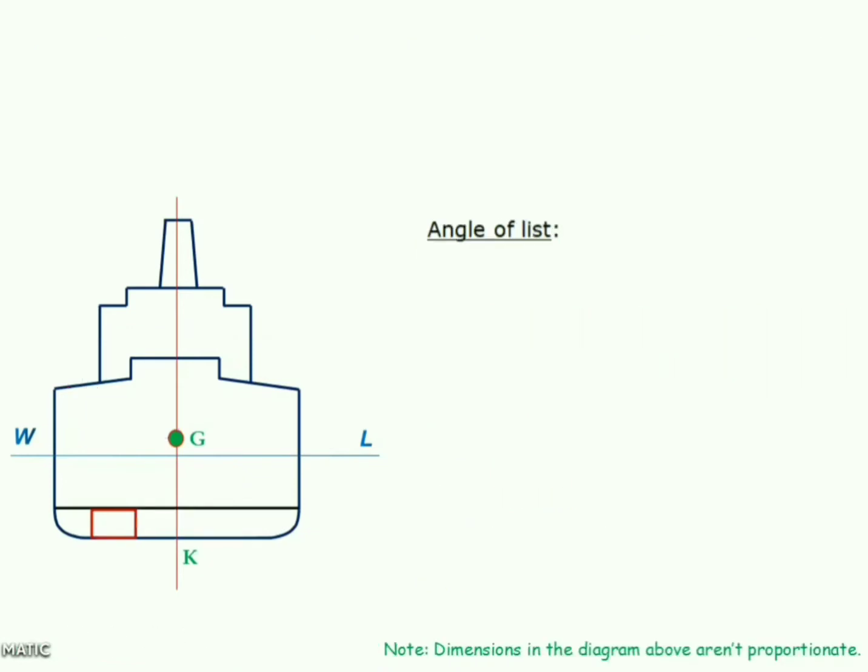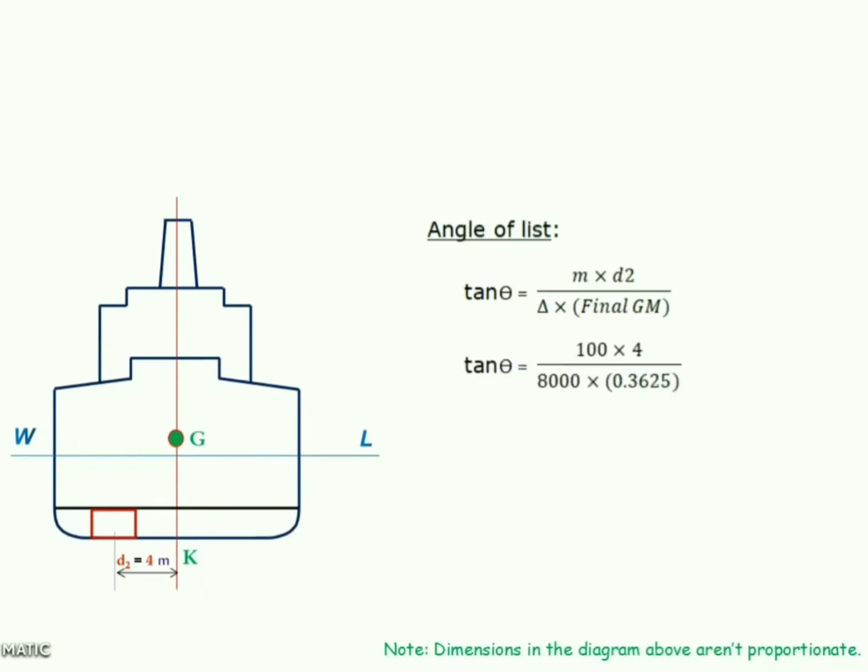Now coming to angle of list, which is given by tan theta is equal to m into d2 divided by delta into final GM, where d2 is the lateral separation between the ship's original center of gravity and the center of gravity of the removed mass. m is again equal to 100 ton, d2 being 4 meters.